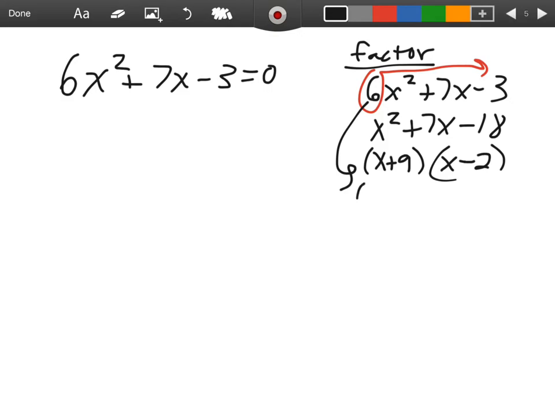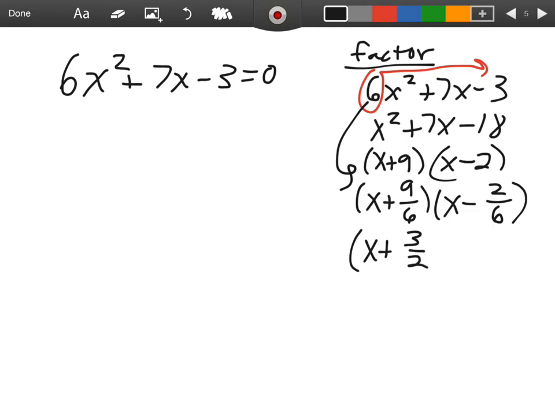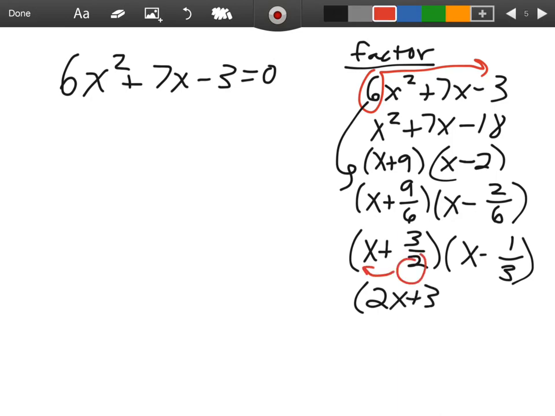Then bring this back down. 9 over 6, 2 over 6. Simplify those fractions. 3 over 2, 1 over 3. And then kick both of those out front doing this. And there's the factored form.